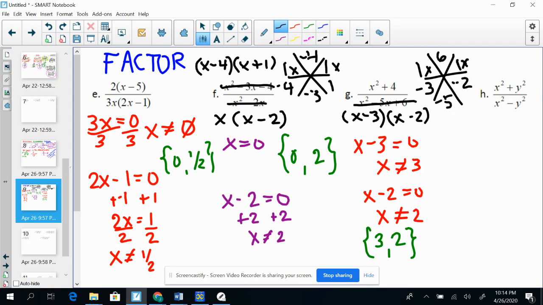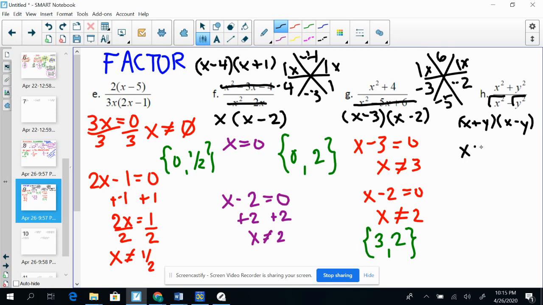So I can take the square root of this guy and the square root of this guy, and I get an x because x times x gives me x squared, and y times y gives me y squared. So x and x, y and y, and I get a plus and a minus. So this way I can tell your excluded values: x cannot equal y, or x cannot equal negative y.